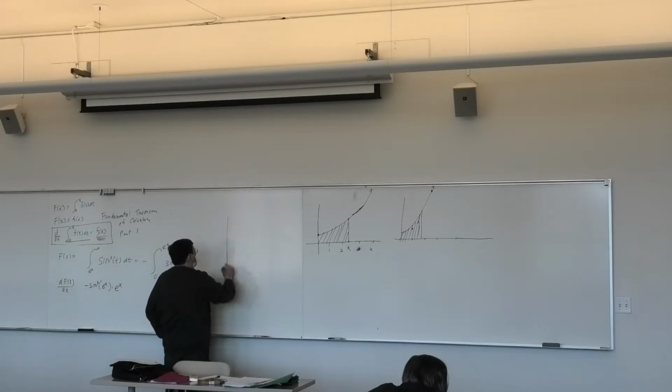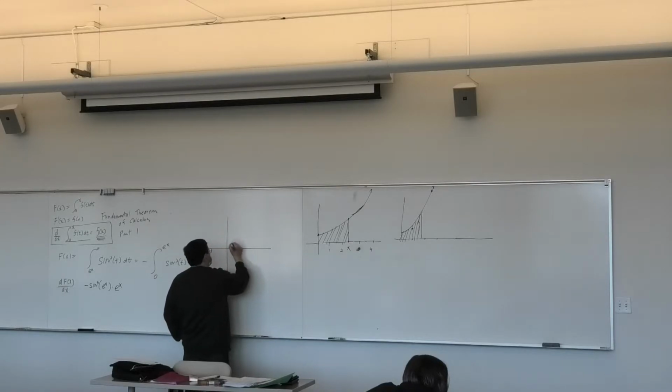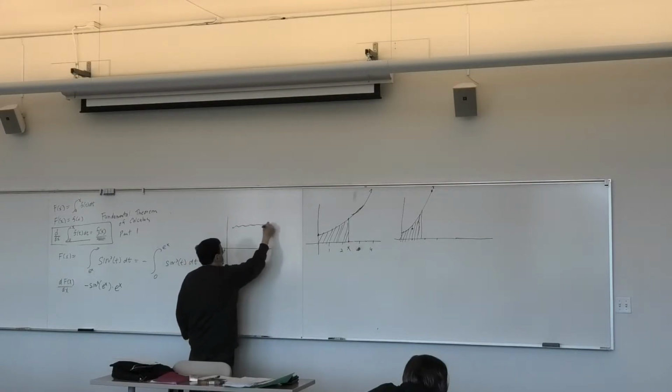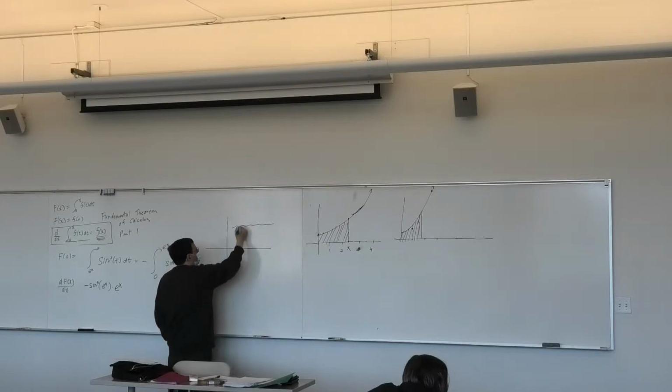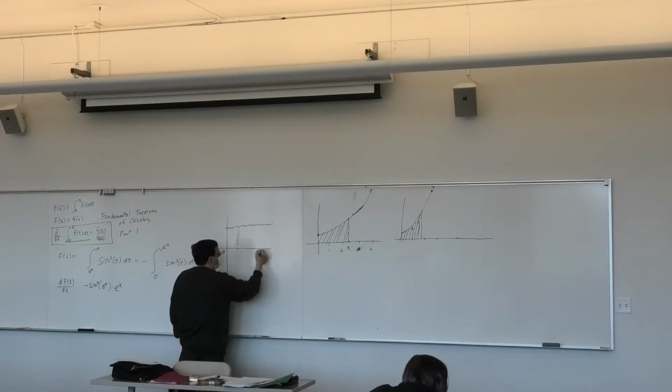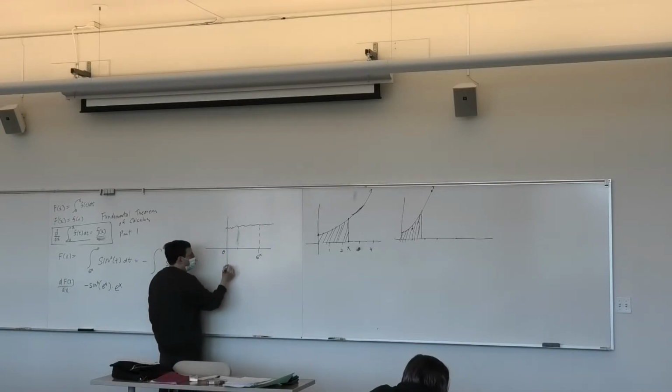One of them is whatever this weird function is. Here's 0, and here's, for some x, here's e to the x. So the first thing we're doing is we're not integrating this way, we're integrating that way.